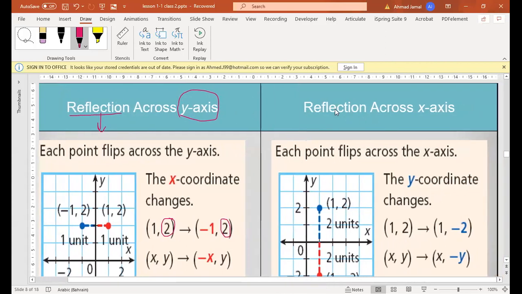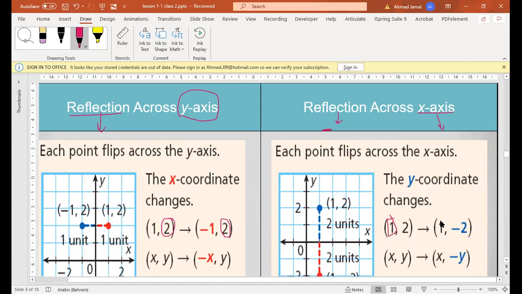Reflection across the x-axis, what is the meaning of reflection? Reflection, I will use the opposite operation, the opposite number. Okay. X-axis, so x is still as it is, and the change is in what? In y. I will check by using the rule here. If we have x and y, it will be x, y. If we reflect across the x-axis, x is still as it is.